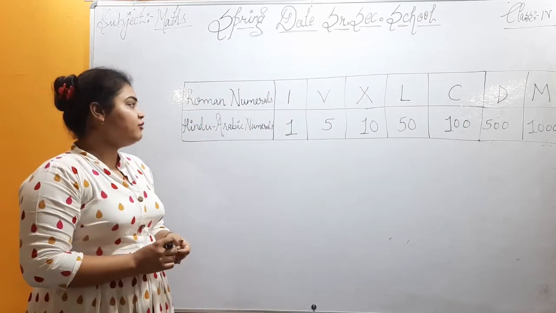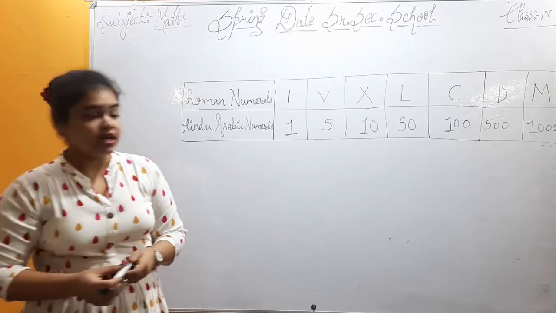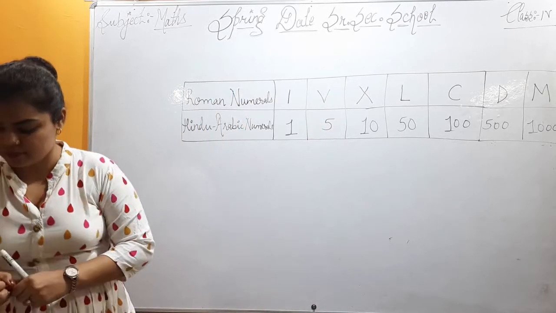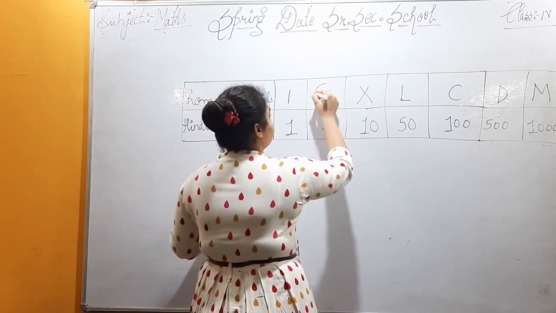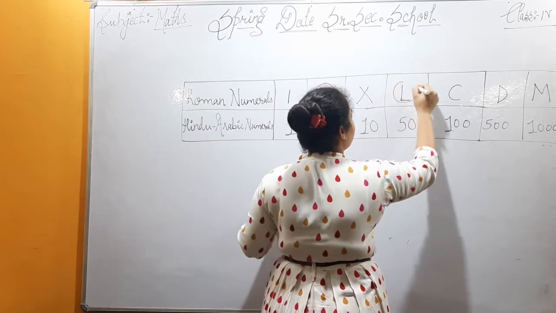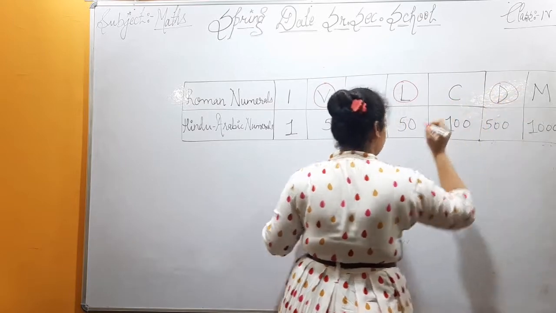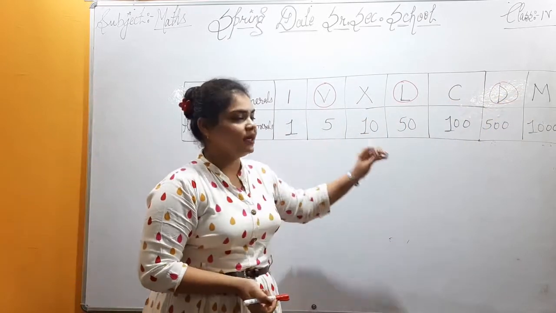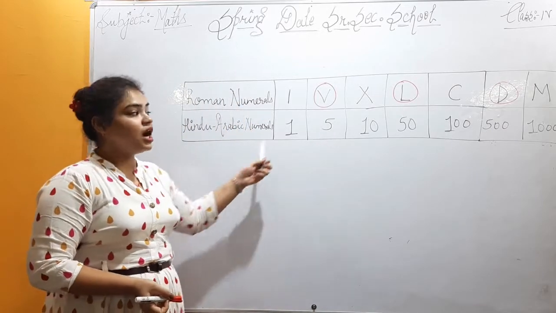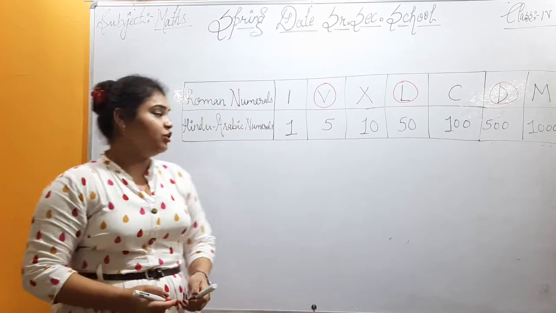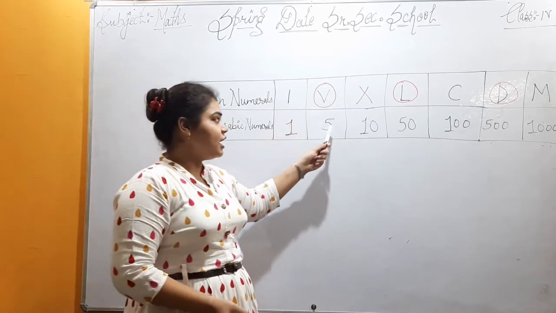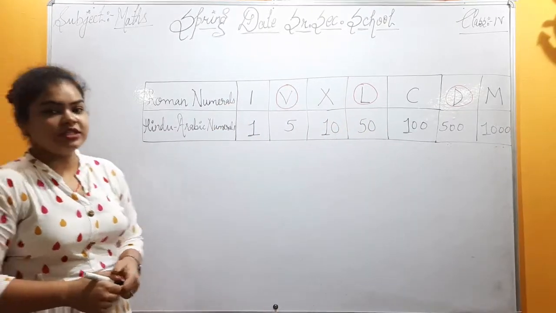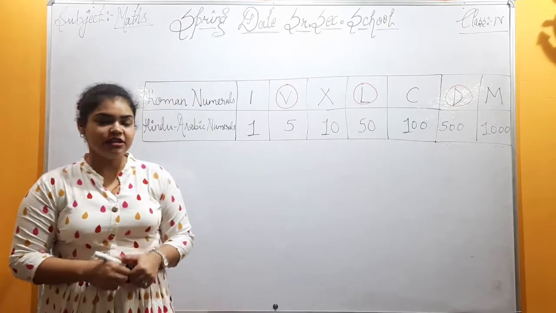One more important thing: V, L and D are the Roman numerals which are not repeated in forming other numbers. So we don't repeat V, L and D. Children, till now what have we learned?